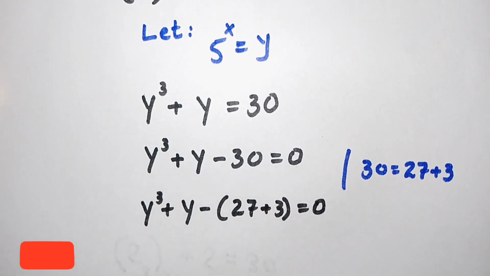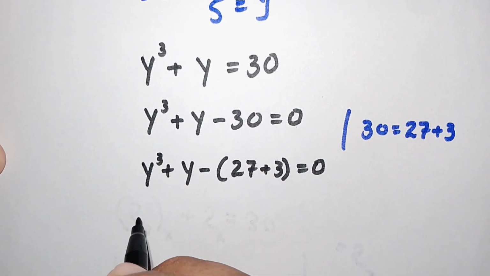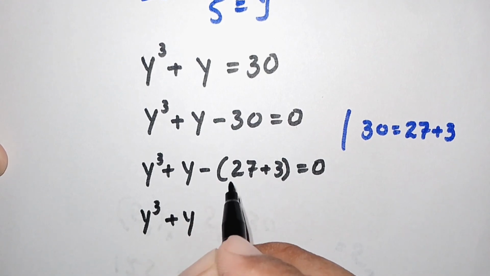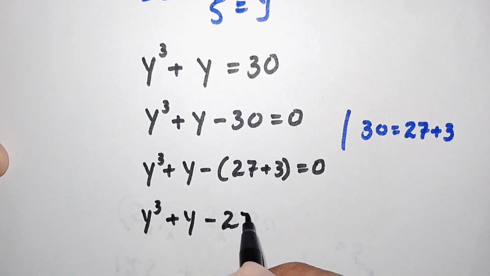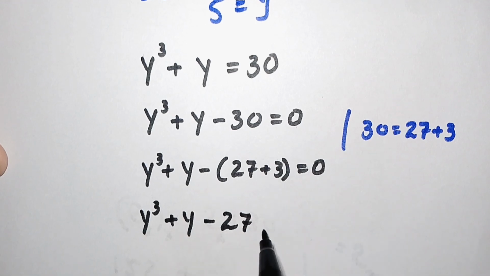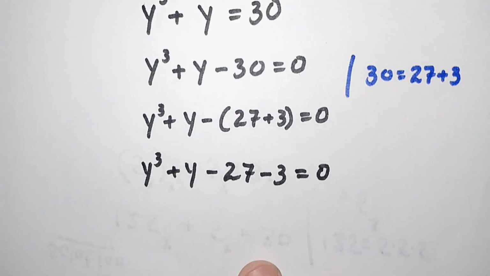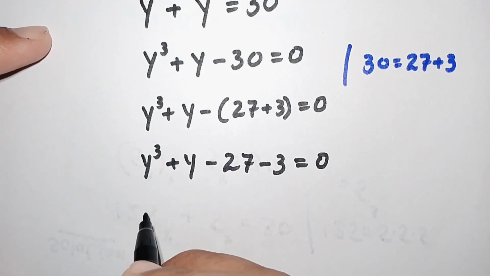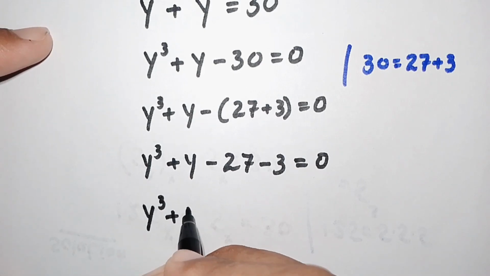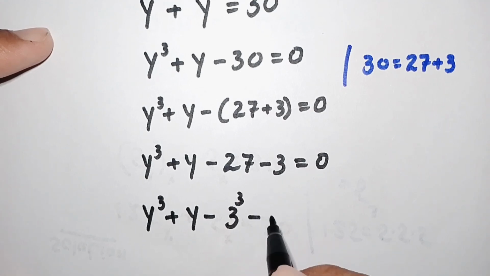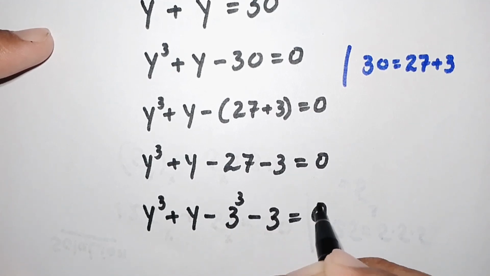Now, in the next step, minus times plus is minus, so this will become minus 27, and here minus times plus is minus 3, which is equal to 0. Now, y to the power of 3 plus y minus 27, where 27 is also equal to 3 to the power of 3, minus 3, which is equal to 0.